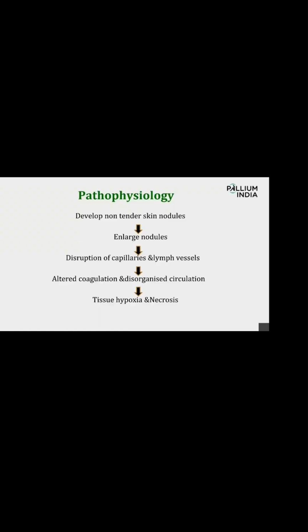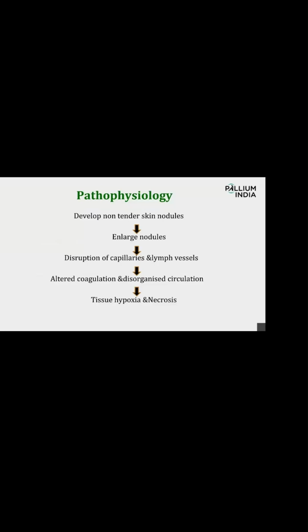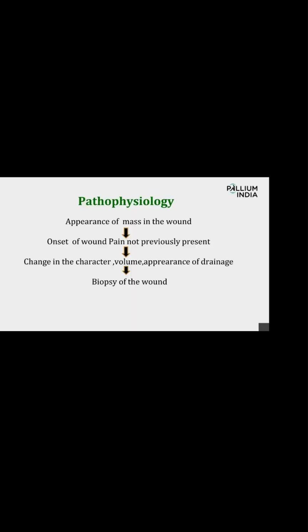A non-tender skin nodule develops. Then onset of wound pain not previously present. Daily we go through that normal chronic wound, but one day the patient may feel deep intensive pain in that wound, which was not previously present.